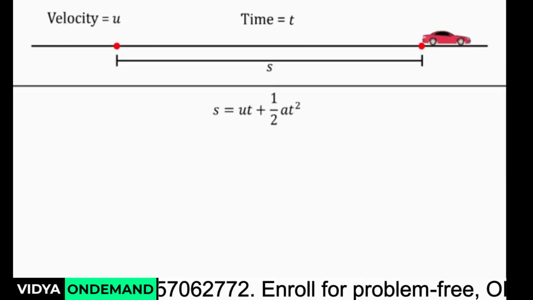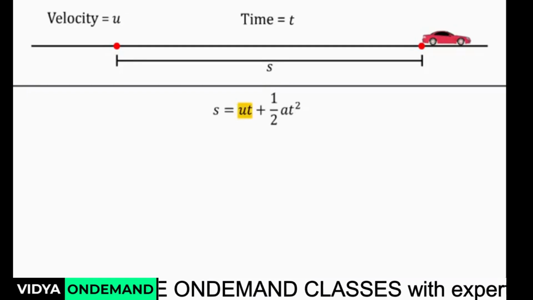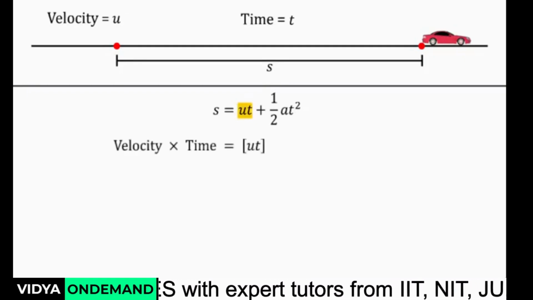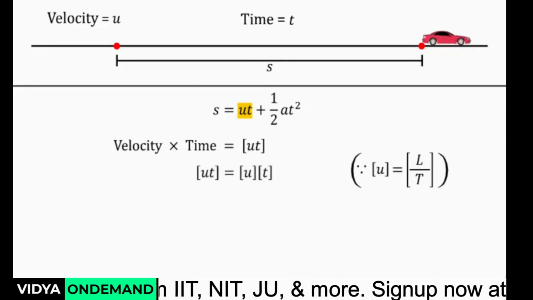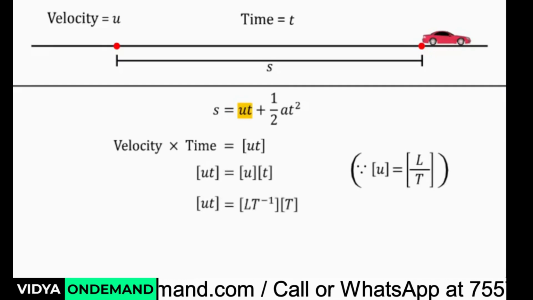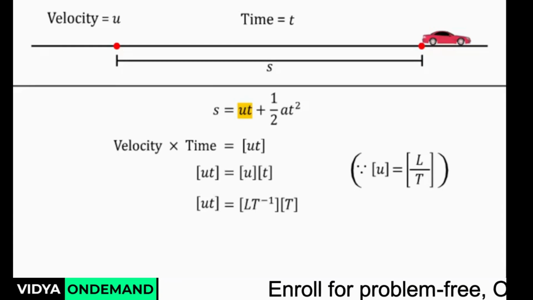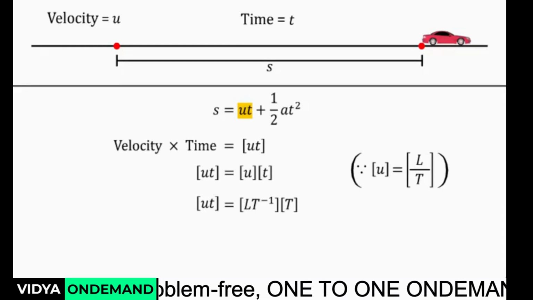In the first term, it is the product of velocity and time. The product of the dimensions of these quantities is LT power minus 1 into T, as shown. On simplification, we get L.